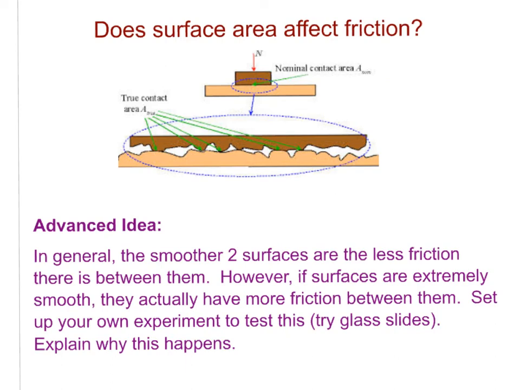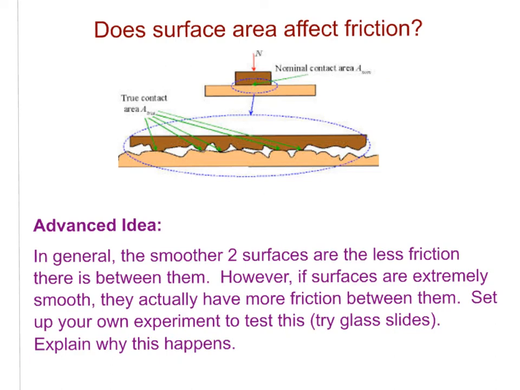However, because pressure equals force divided by area, the total pressure pushing the surfaces together would decrease. And that causes the contact area on each of those bumps to become smaller, so that the total microscopic contact area remains nearly unchanged.